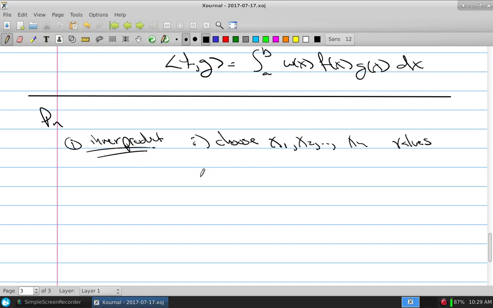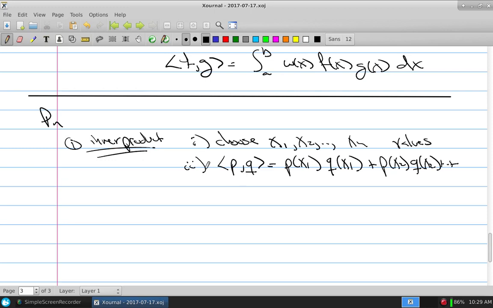And then after you do that, you just simply say, two polynomials' inner product would be equal to: take the first polynomial evaluated at x1, which is a number, take the second polynomial evaluated at x1, add it to the first polynomial at x2 times the second polynomial at x2.